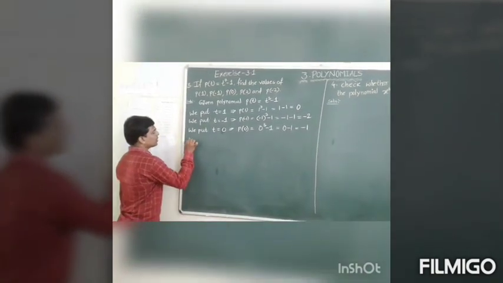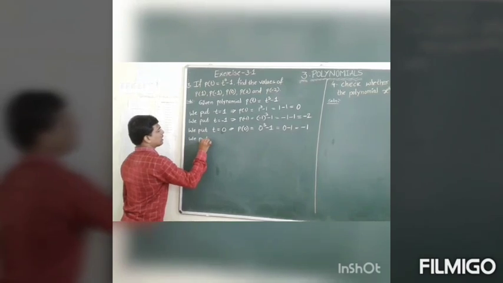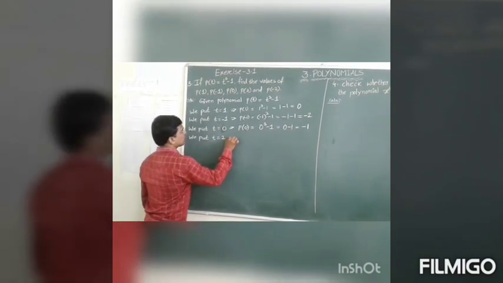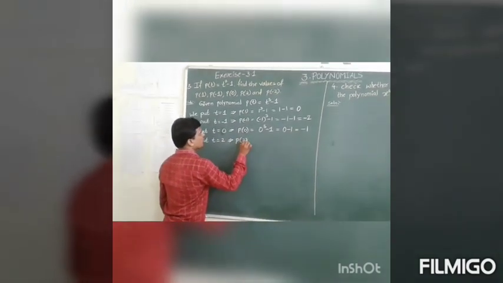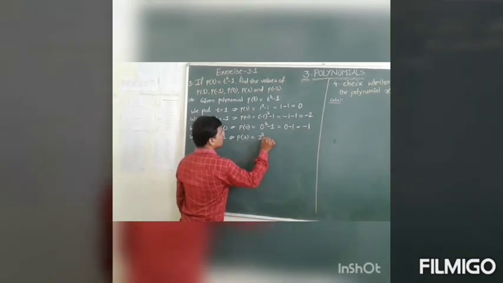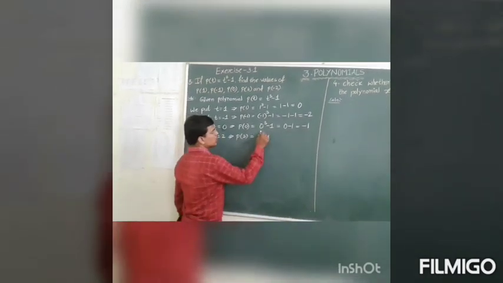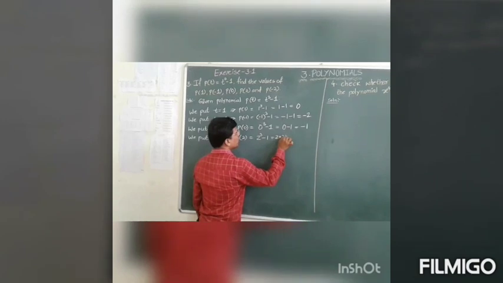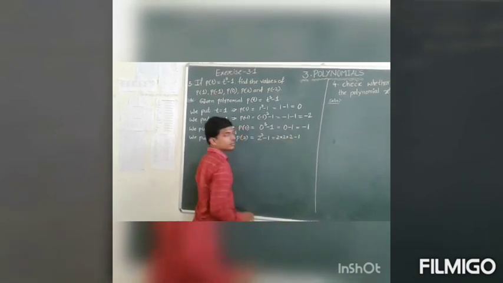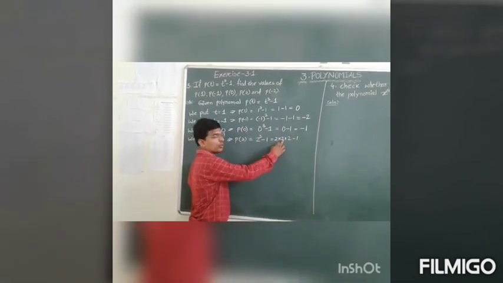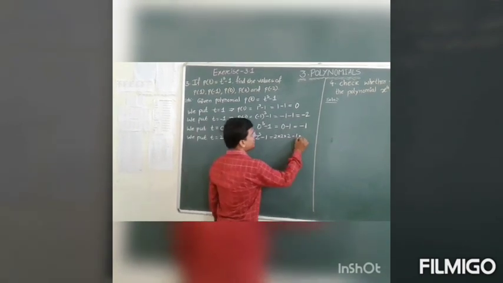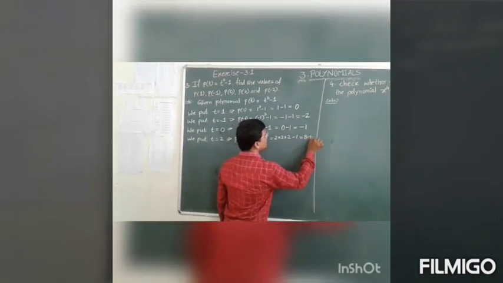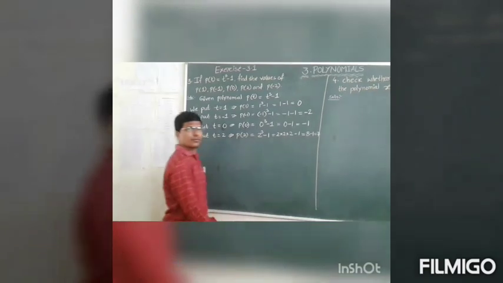Next we put t is equal to 2, that is P of 2. So 2 cube minus 1. 2 cube means 2 into 2 into 2, minus 1. 2 2s are 4, 4 2s are 8, 8 minus 1 is 7.